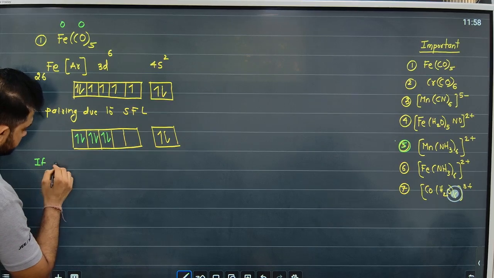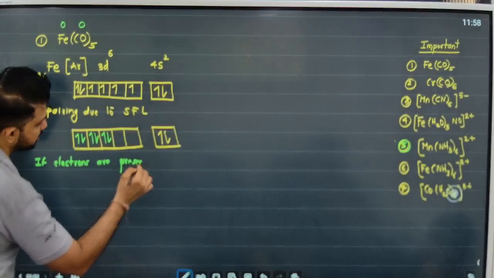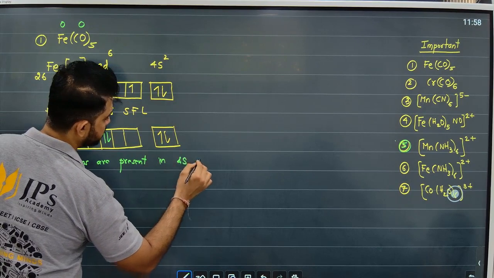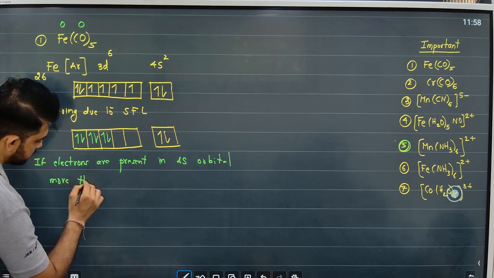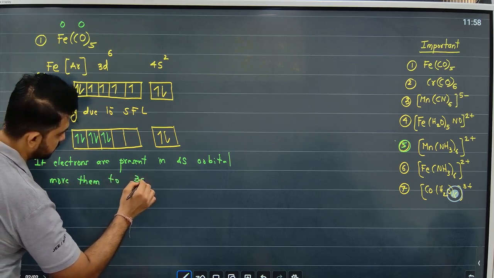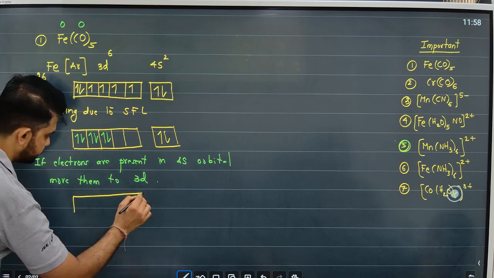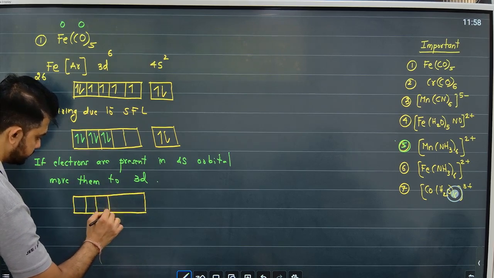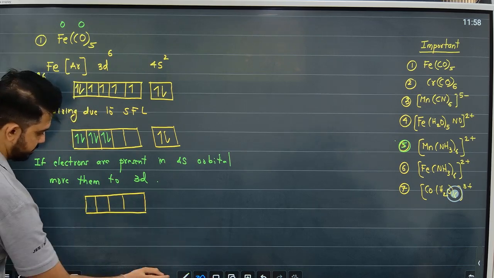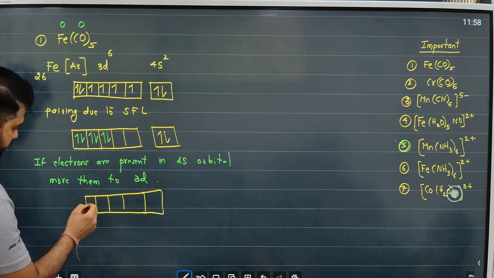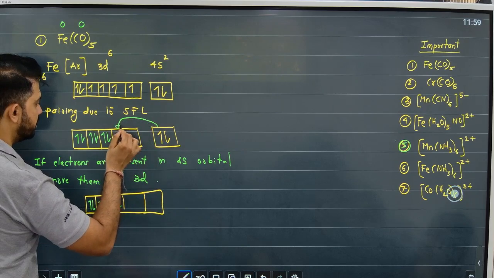If electrons are present in 4s orbital, move them to 3d. चलो मूव कर दो. क्या मिलता है हमें? And these electrons I have moved them over here.